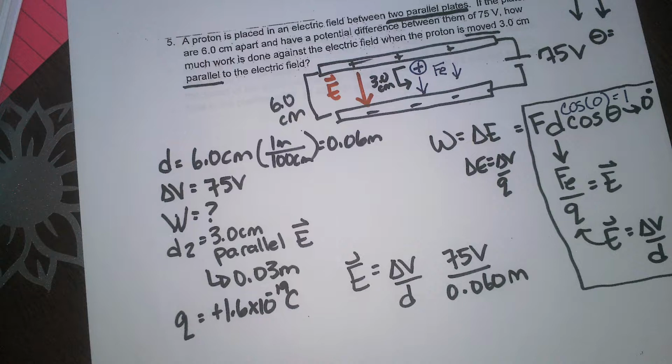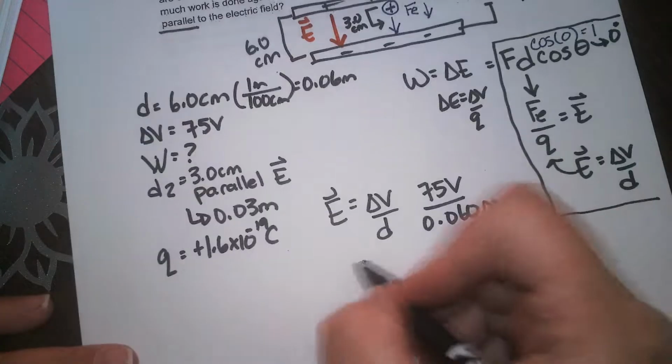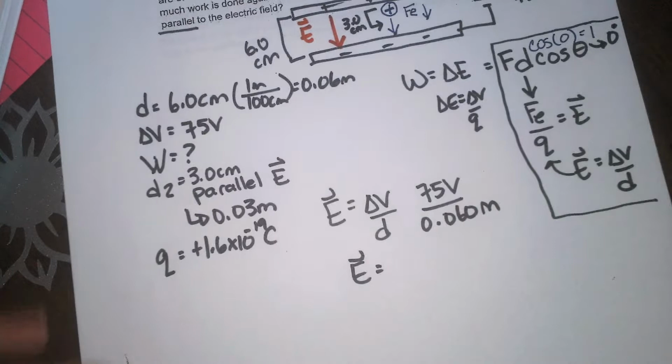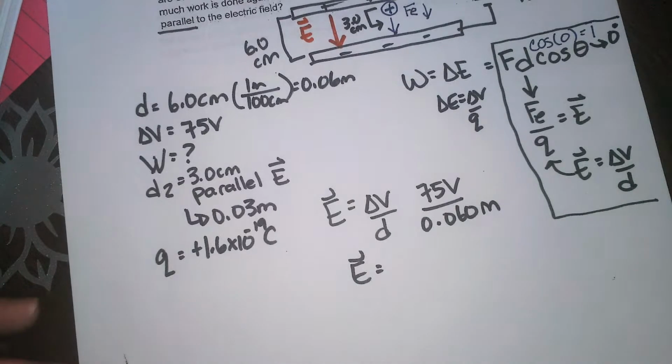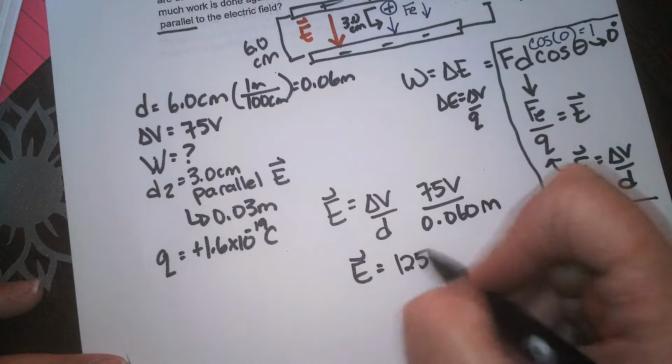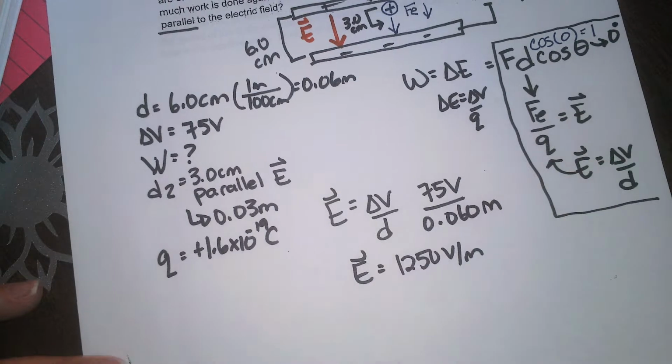That's within the plates. This 6 centimeters is between the plates. How much? 1250 volts per meter.